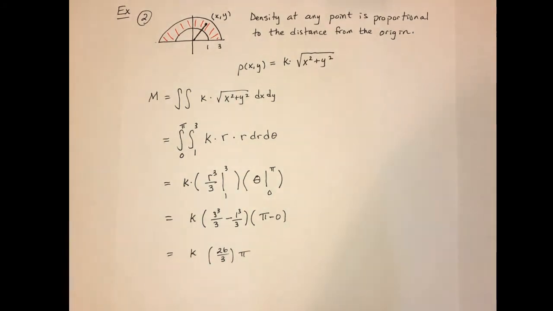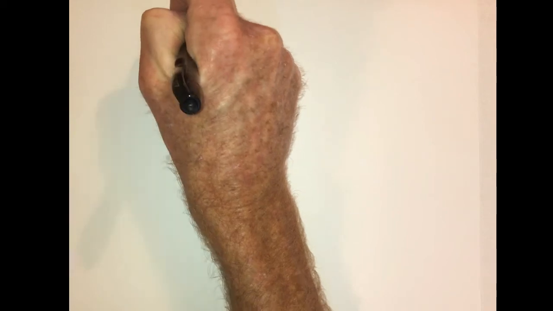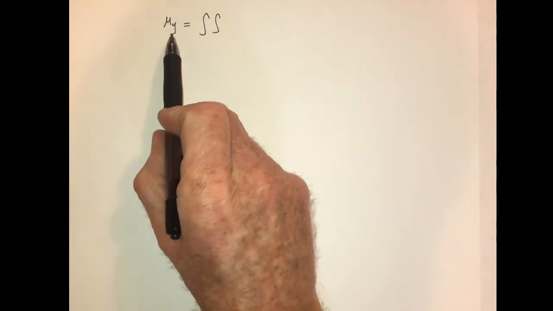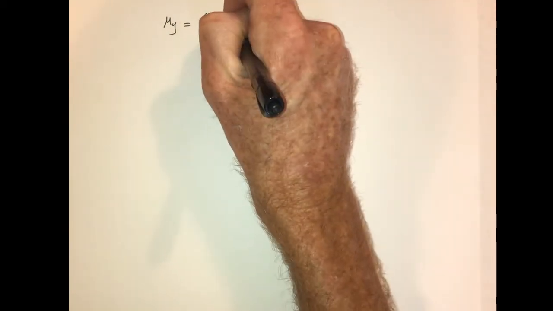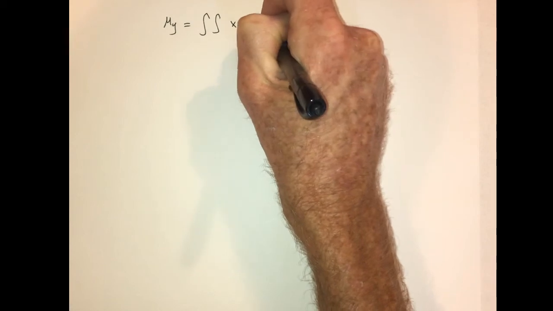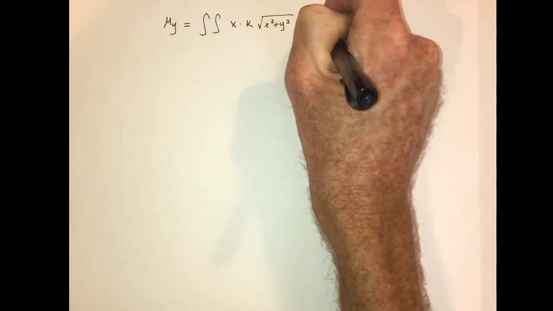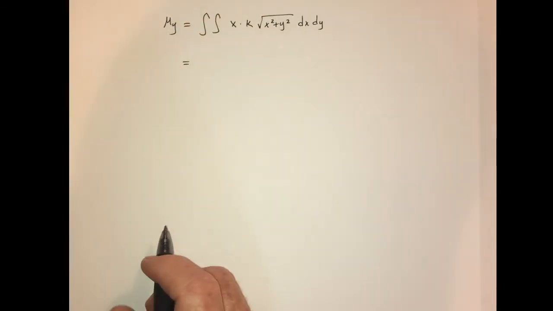All right, then on to the next integral, the moment about the y-axis. So this will be the double integral of the same thing, but when this says y, it has an extra x in it. And again, I'll change to polar.